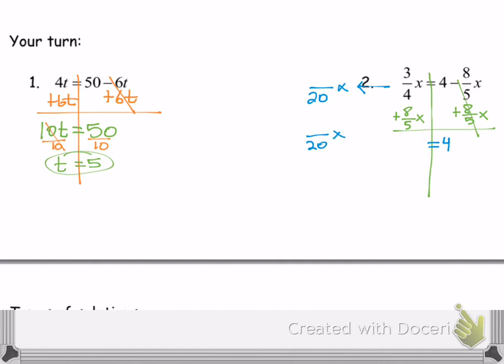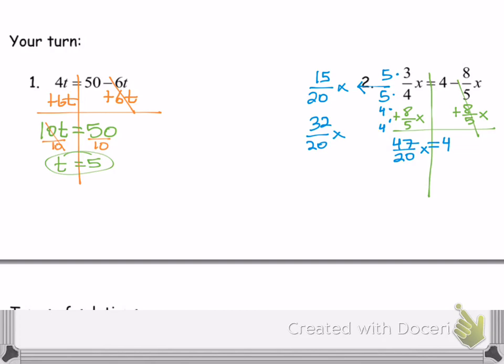And in order for me to change this top one to 20, I have to multiply by 5, which means I multiply by 5 in the numerator to get 15 over 20 x. This one I need to multiply by 4, and I get 32 over 20 x. And so now I'm actually adding 15 and 32 to get 47 over 20 x.